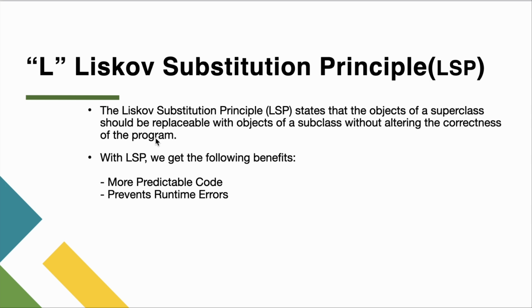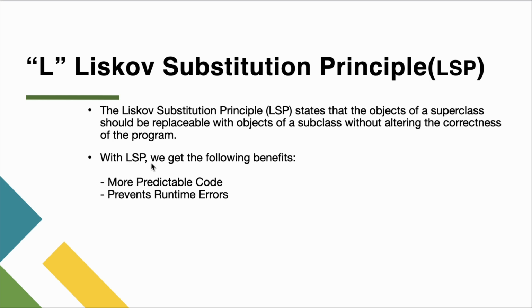But if anything happens that breaks the actual implementation of the parent class, that would be the place where we violate the Liskov substitution principle. We should avoid altering the correctness of the actual program.